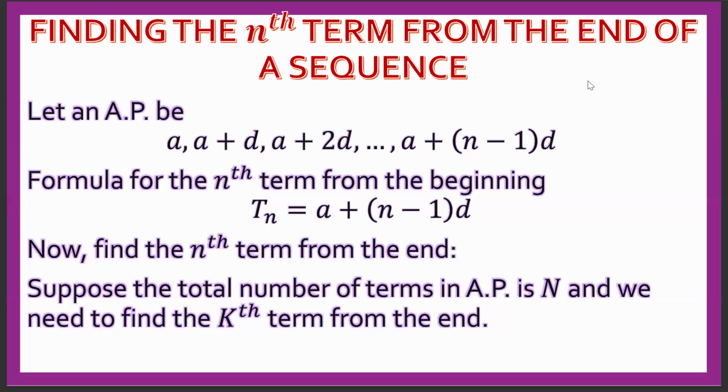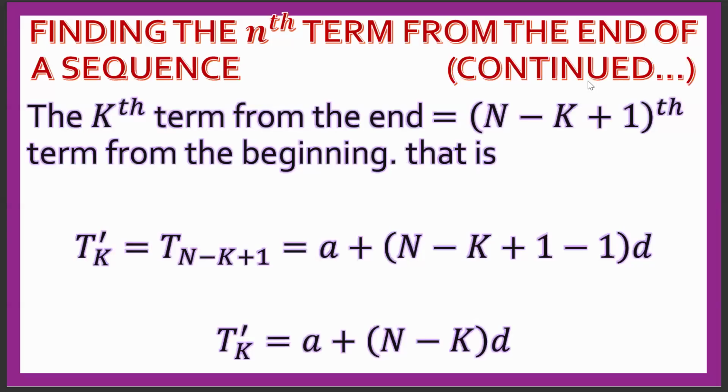Now this is the formula when we start from the first term, a plus n minus 1 into d. Suppose the total number of terms in the AP is capital N, and we need to find the kth term from the end. The kth term from the end is the N minus k plus 1 term from the beginning.